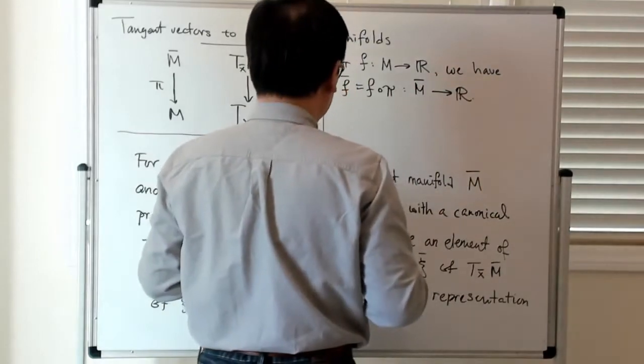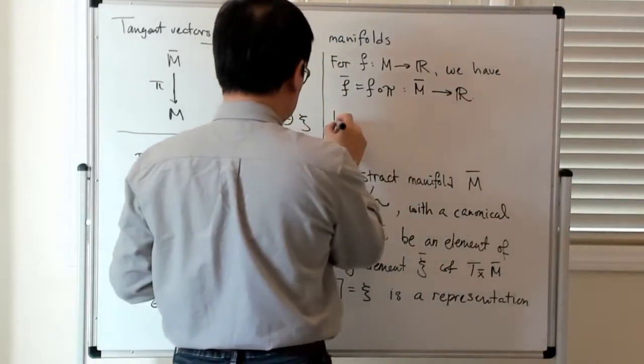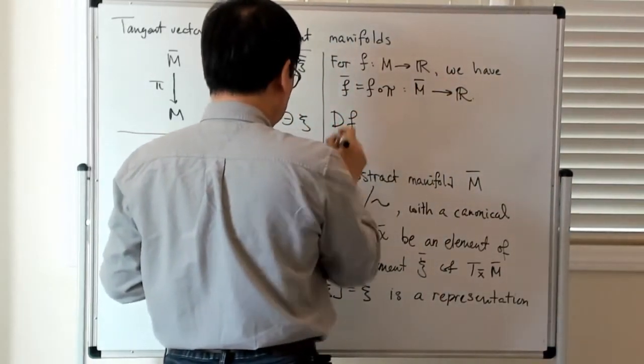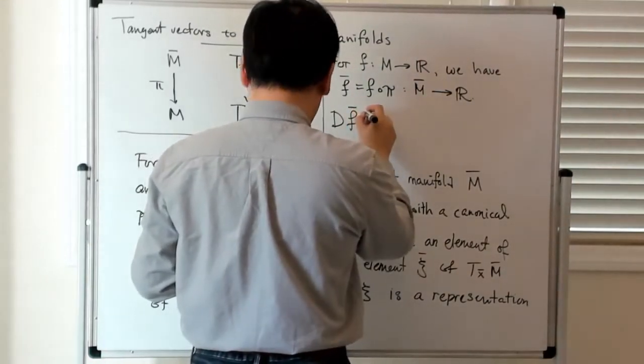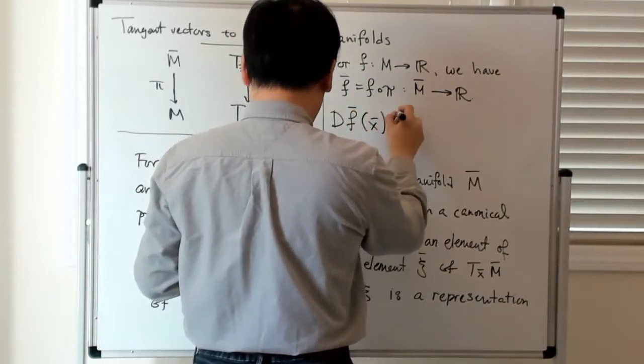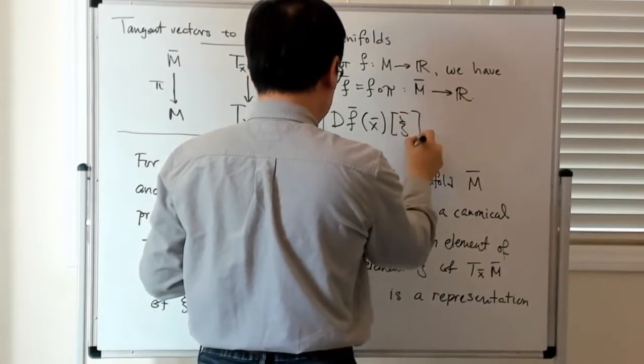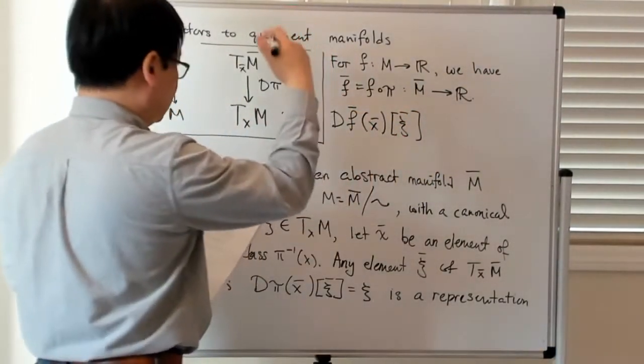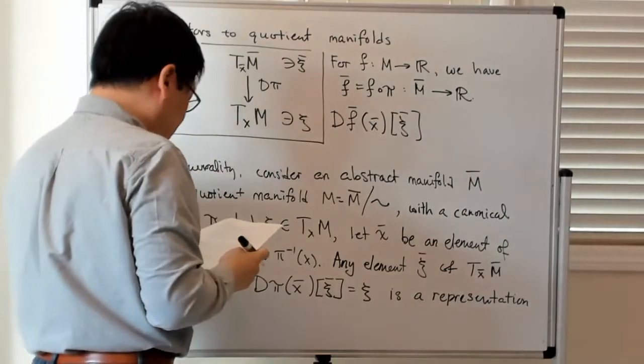Okay, so then in that situation, one can talk about the linearization, the derivative of f bar evaluated at x bar, applied to c bar. So this is in the unreduced space, if you will, right?